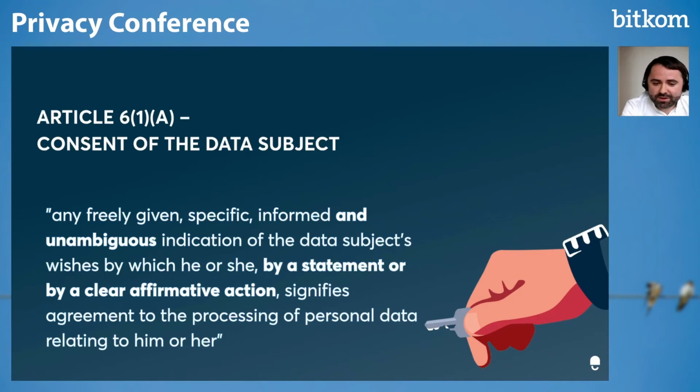So if the processing operations change or evolve considerably, then the original consent is no longer valid. And if this is the case, then new consent needs to be obtained. And there's guidance by regulators here in Germany that in terms of online marketing, you should renew consent every 2 years.